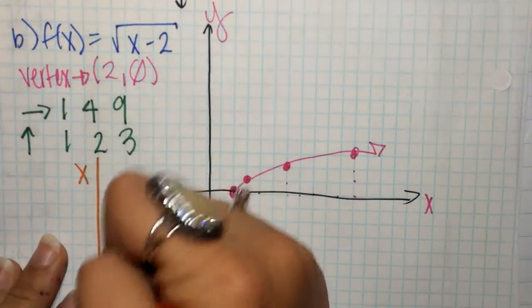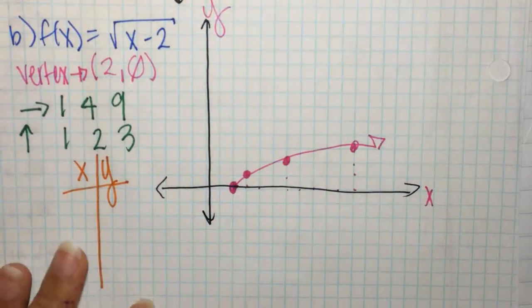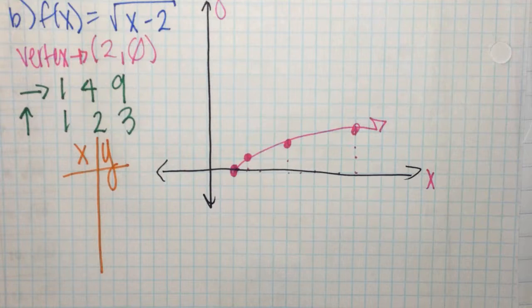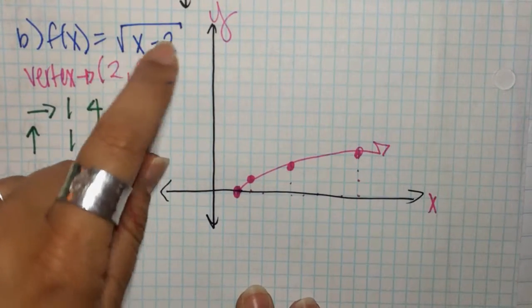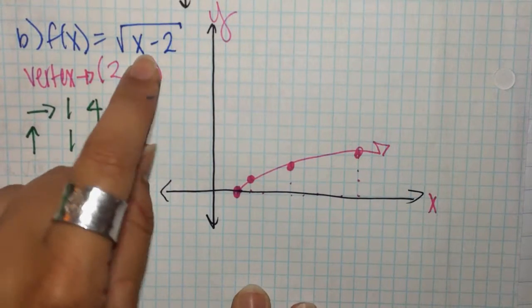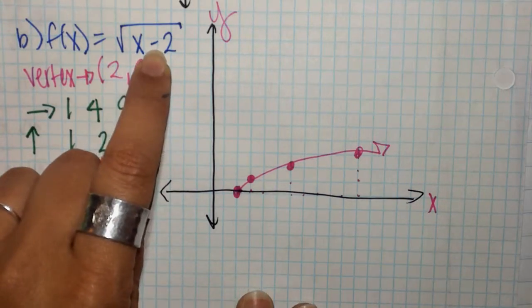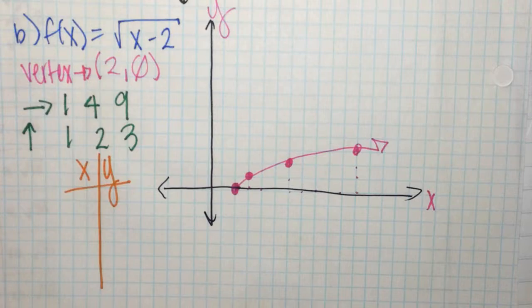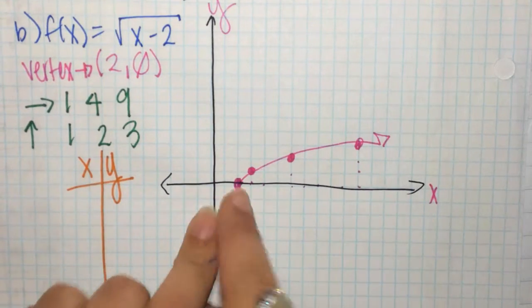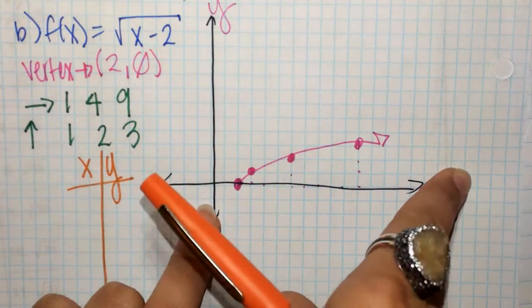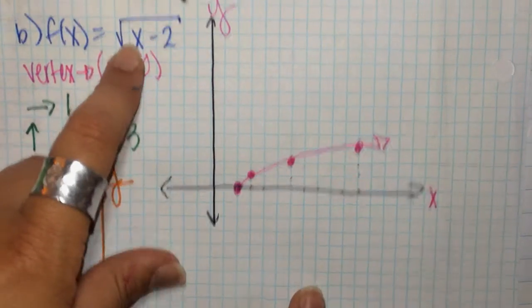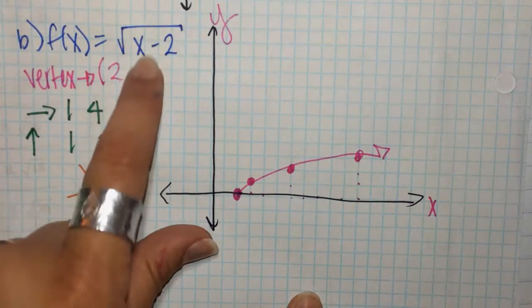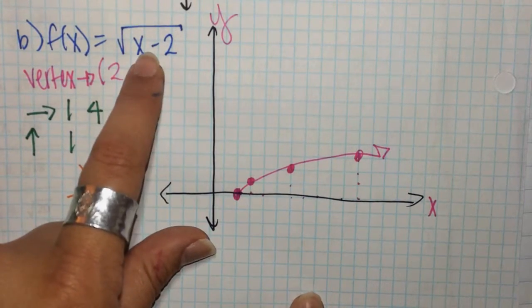All right, now let's talk about how we would use a table. We can't use 0, 1, 4 because we need to get perfect squares under the radical. If we use 0, 0 minus 2 would be negative 2. Can we take the square root of negative 2? No. So you have to be careful of what you plug in. You can only plug in numbers that are to the right of your vertex. If I wanted to get 0 under the radical, what number minus 2 is going to give me 0?